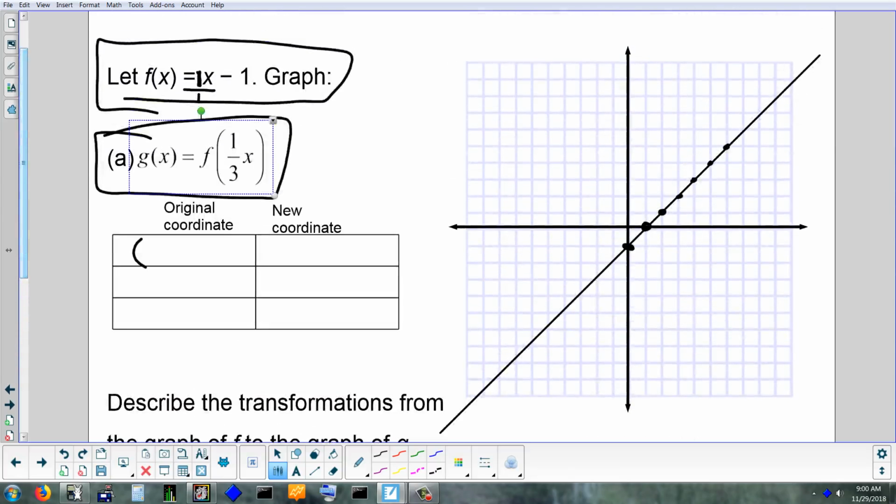Now, original coordinate. I'll do the first one. 0, -1. Okay, can somebody give me another coordinate on that line? Jacob, can you give me a coordinate on that line? Besides 0, -1.